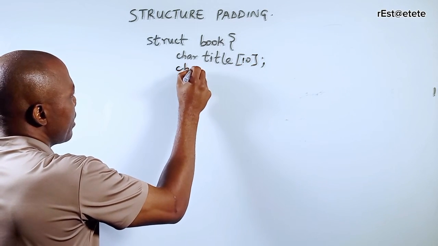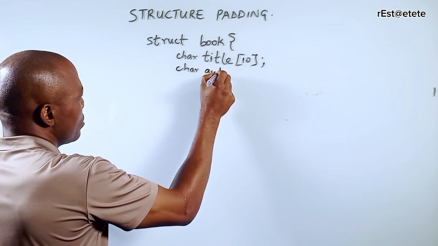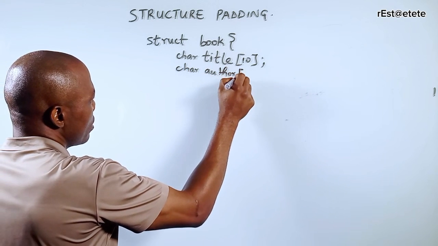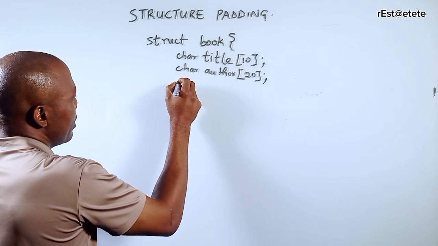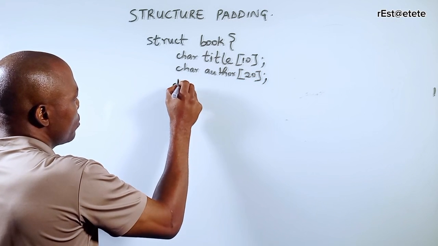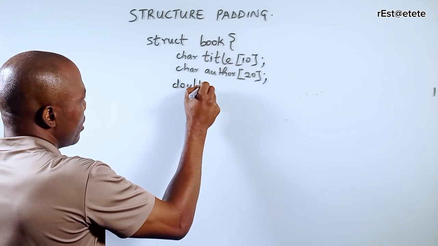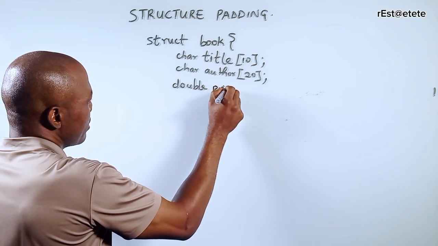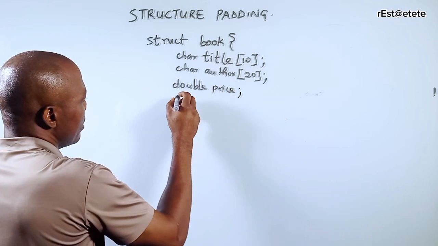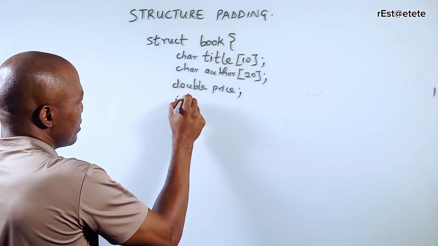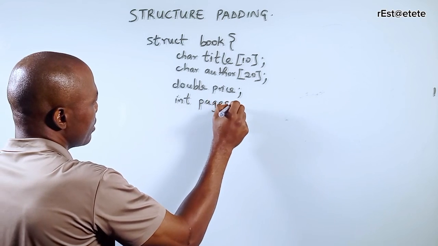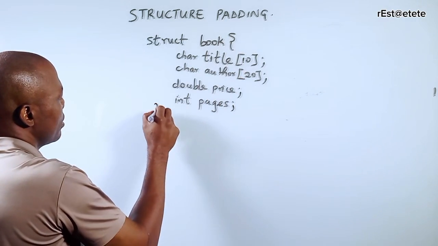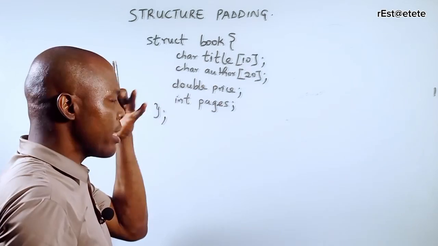Then char author, the author of the book, let's give it 20 bytes. Then here I will have double price, and I will have int pages. So I close this. Okay, so this is my structure.